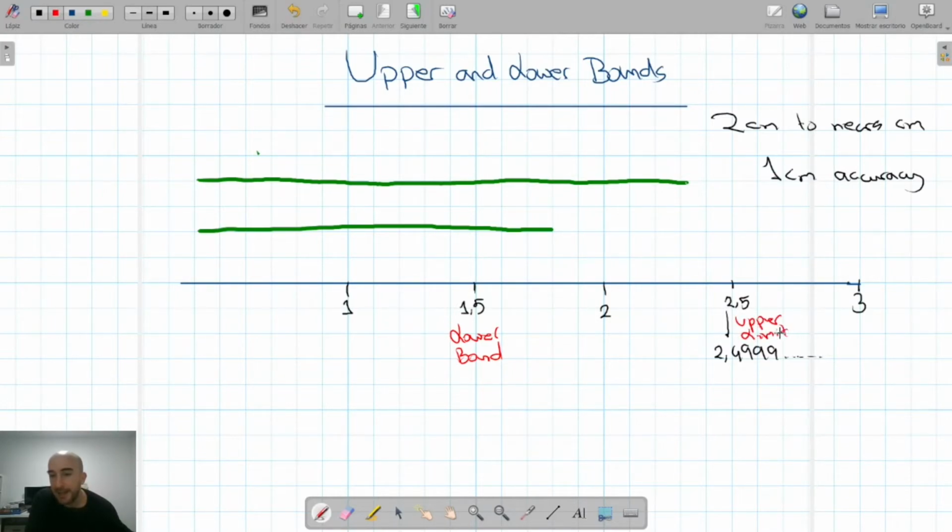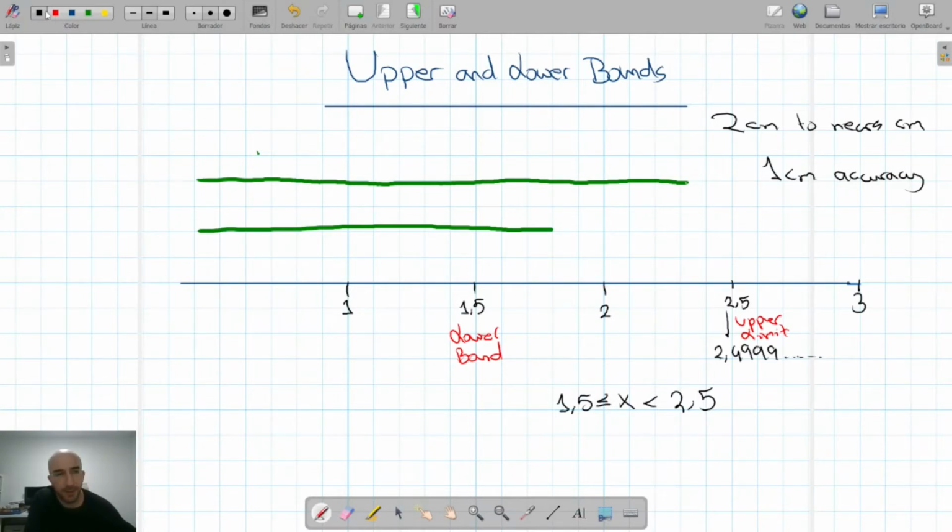And as it does not include 2.5, because 2.5 would be approximated to 3, when we write our upper and lower bounds as an inequality, we do include the lower bound, because the lower bound is approximated to 2, but we don't include, and this is important, our upper bound, because if a measurement were our upper bound, it would be approximated to the next number.